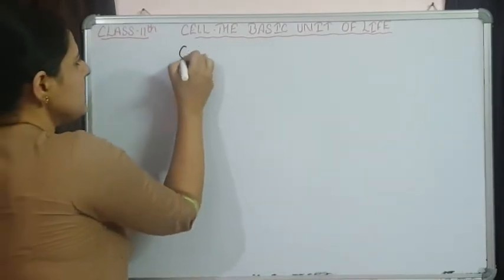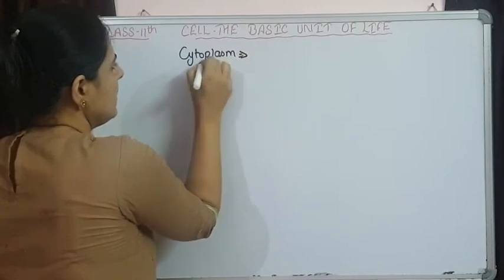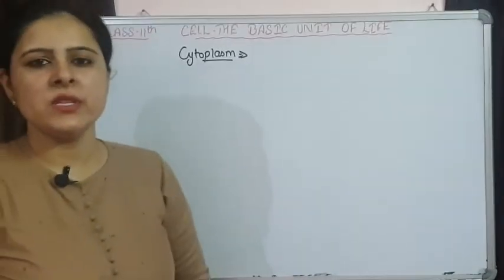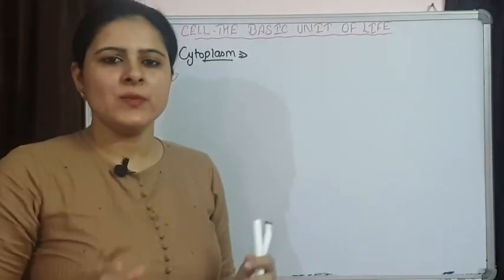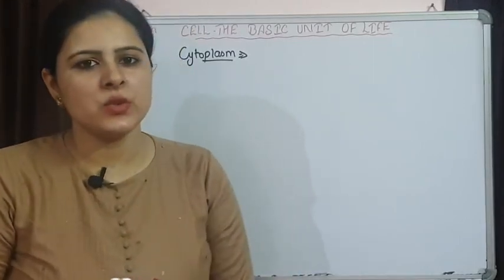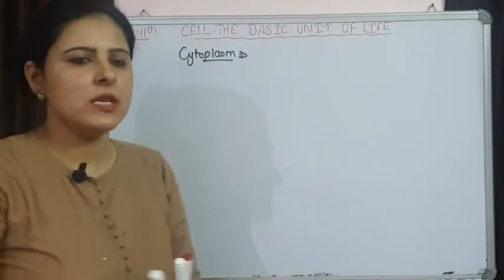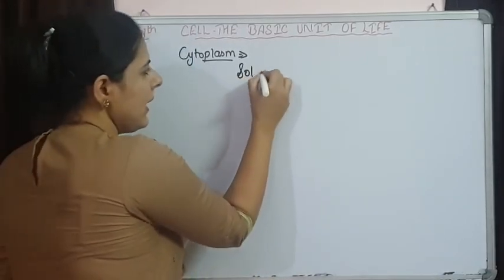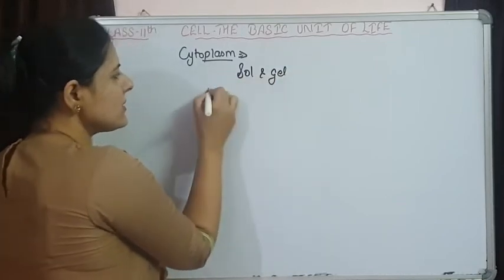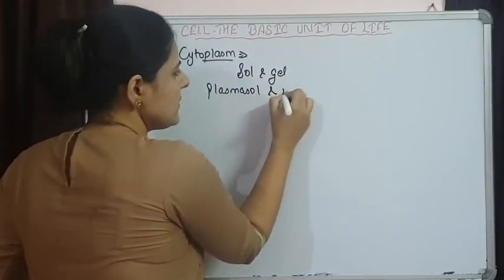Our next topic is cytoplasm. You know that cytoplasm is a jelly-like matrix that is present inside the cell, and different cell organelles are present over here. Now this cytoplasm has two states, the sol state and the gel state, known as plasma sol and plasma gel.